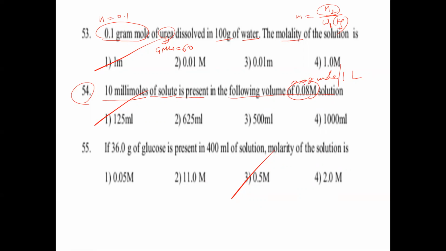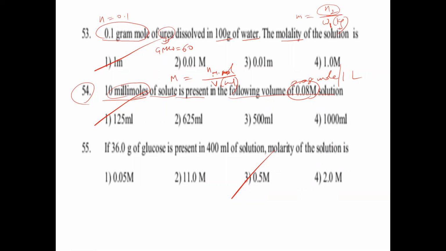And the number of millimoles given here is 10. So what is the formula generally? Molarity is equal to number of millimoles of solute by volume in ml. This formula we had applied.